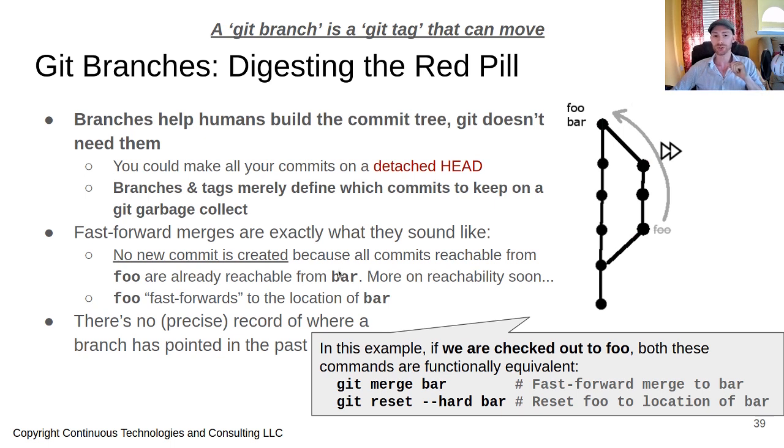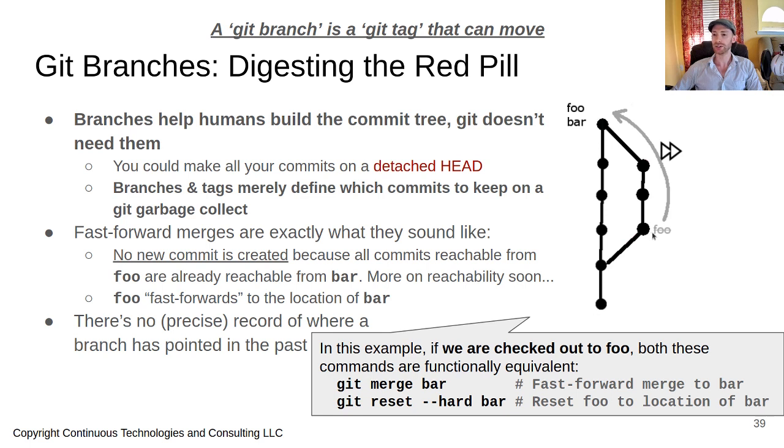If a merge is fast forward, that commit doesn't need to be created because all the commits reachable from one branch are already reachable from the other destination branch. And in this particular example, where foo was a branch that was located here and bar is a branch that was located here, if you're checked out to foo and you git merge bar, foo just moves from here to here.